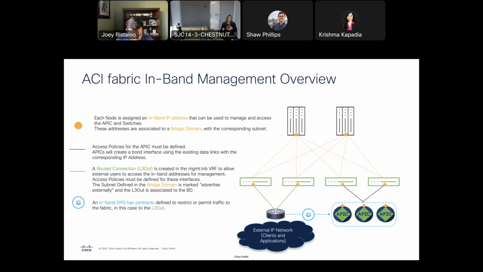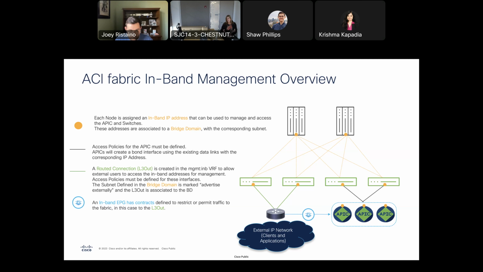And then there's a bond interface that ends up getting created using those existing data links. The L3 out then needs to be created, and that's created in the management in-band VRF. This allows users, in our example here, Nexus Dashboard, to access the in-band IP addresses for management.